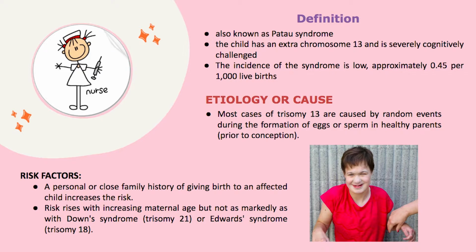For its risk factors, a personal or close family history of giving birth to an affected child increases the risk. Also, the risk rises with increasing maternal age, but not as markedly as Down syndrome, also known as trisomy 21, or Edwards syndrome, which is trisomy 18.